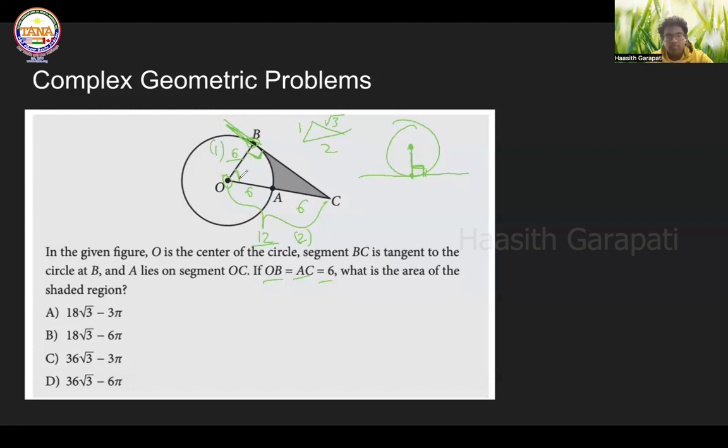So we know that this is a 60-degree angle, and then this is a 30-degree angle, which is actually going to be helpful as well.